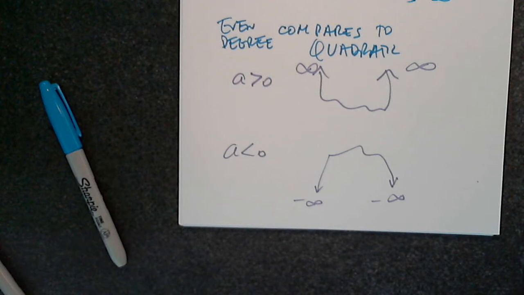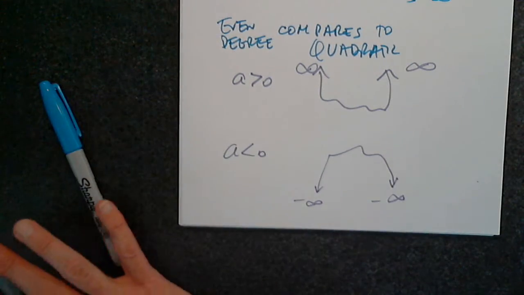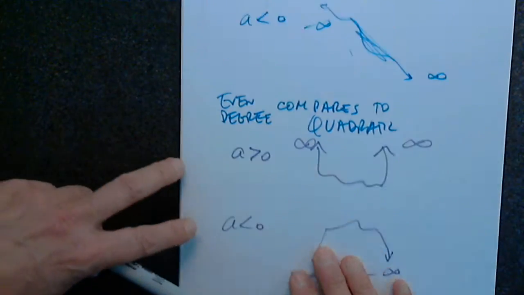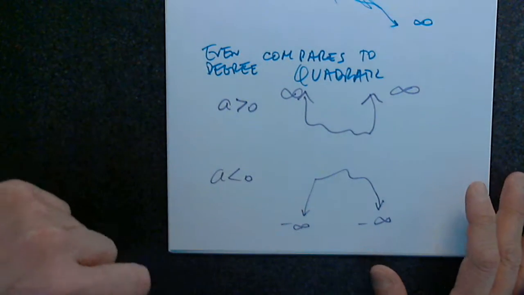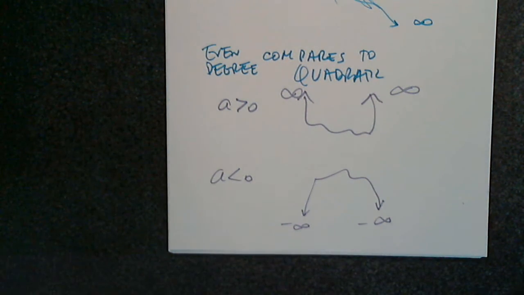Any even degree with a negative leading coefficient goes from negative infinity to negative infinity. And there is nothing else. Any polynomial will fit one of these categories.